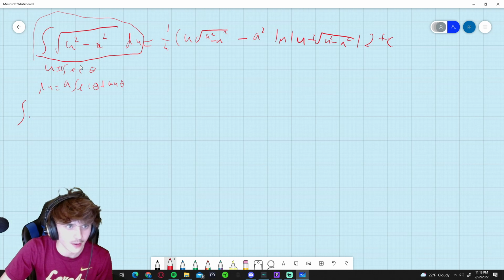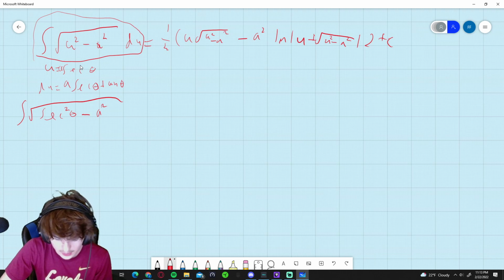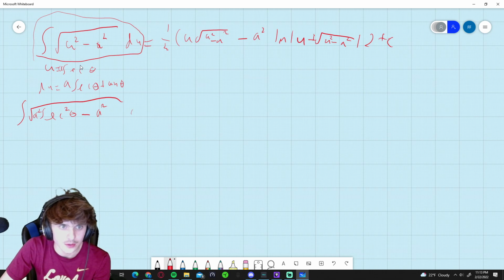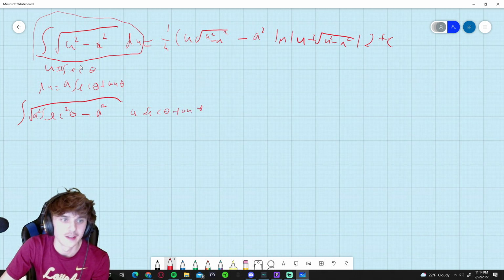So the integral of the square root of a squared secant squared theta minus a squared, and then du is equal to a secant theta tan theta.